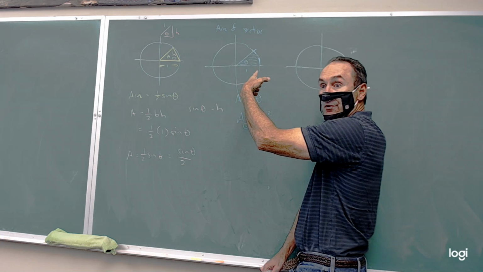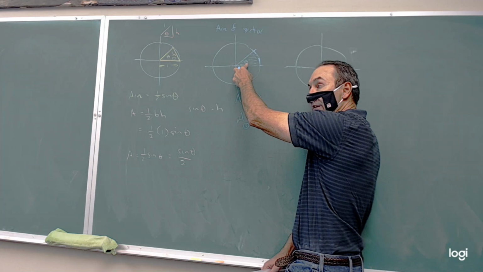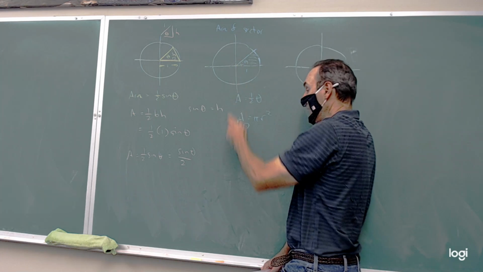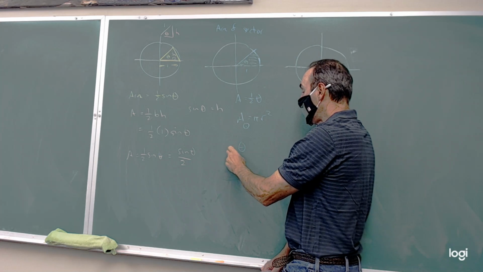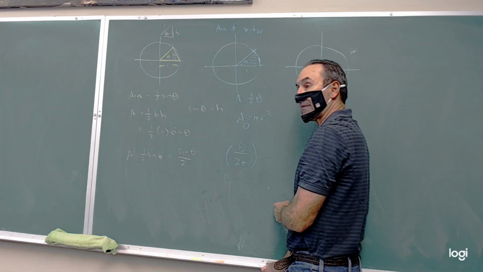Does that seem reasonable? But we're in radians, so instead of theta over 360, we're going to say that this fraction of the circle is theta over 2 pi.